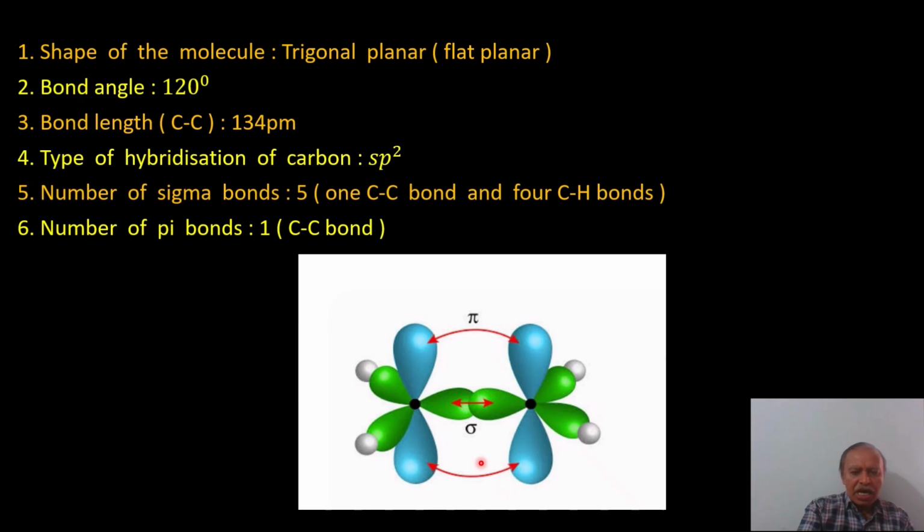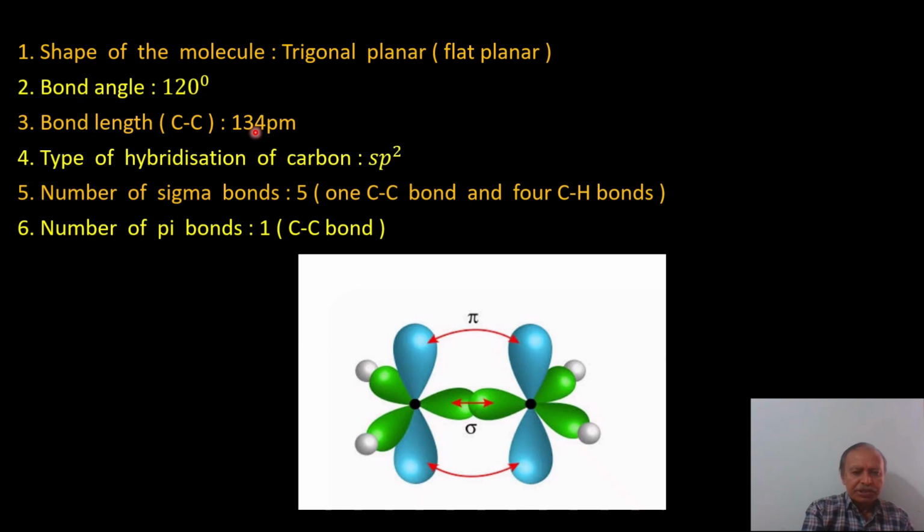I hope you have understood how the ethene molecule is formed. That is explained on the basis of valence bond theory. So these are the bond parameters, that is the shape of the molecule, bond angle and bond length. The bond angle is 120 degrees and the bond length is 134 picometers, that is a double bond length.